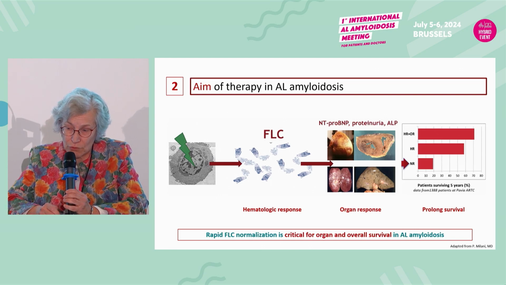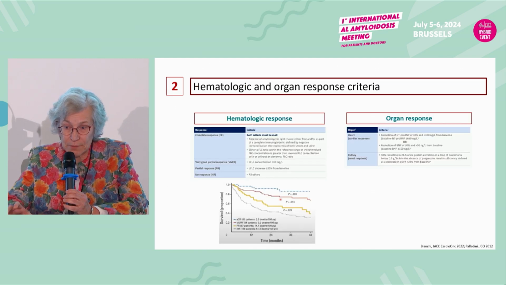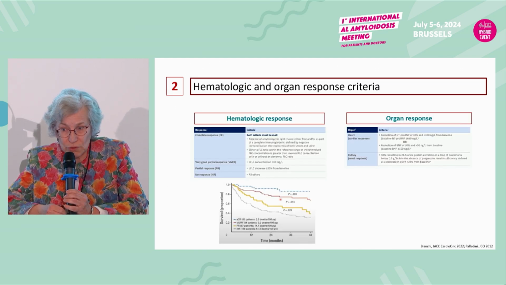And on the right part of the slides, you clearly see the benefit not only to have hematological response, but also to get organ response in order to prolong survival. So that means also that we have to use response criteria, and that was, I think, enough covered during this morning.